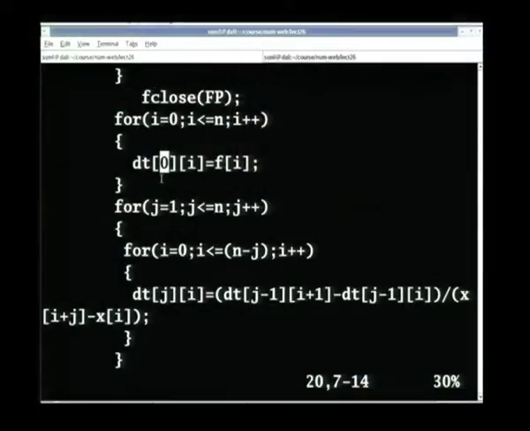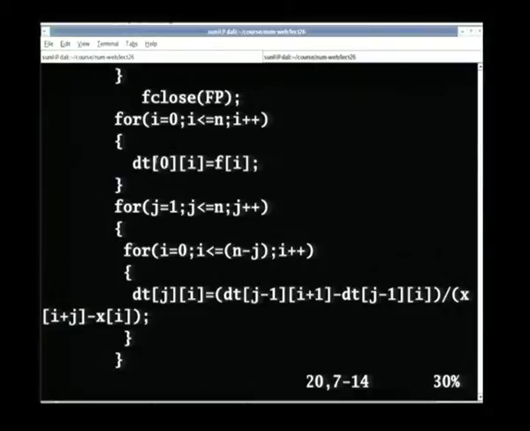So, this is the index for the order of the divided difference, and this is the index I, which tells you how we run through all the columns. So, the divided difference is tabulated into this two-dimensional array dt.